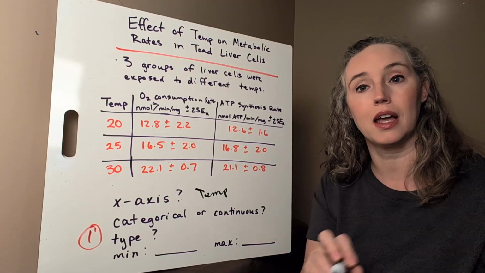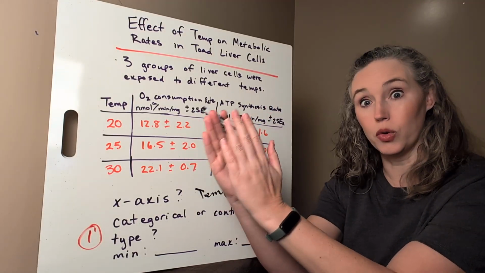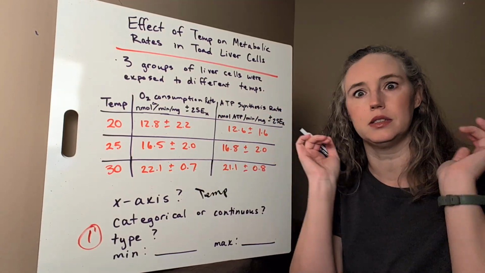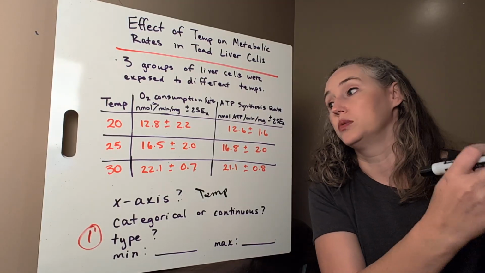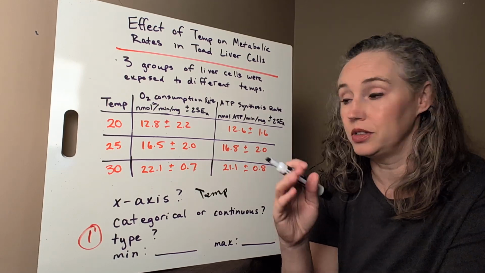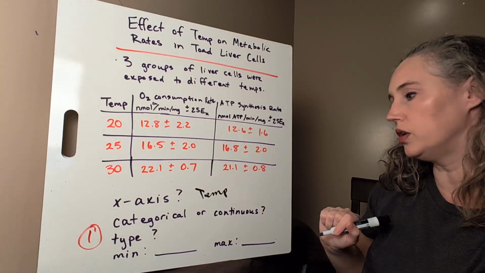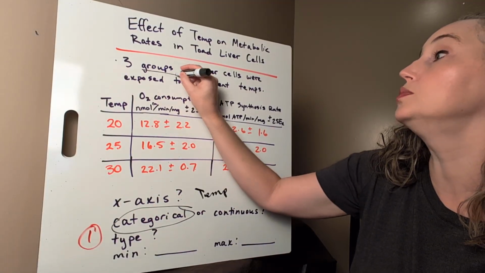This is not a histogram. This group was exposed to 20 degrees, this separate group was exposed to 25, and this other group was exposed to 30. So you have to read to be sure you know which it is. So temperature is going to go on our x-axis. This is categorical because it said groups.